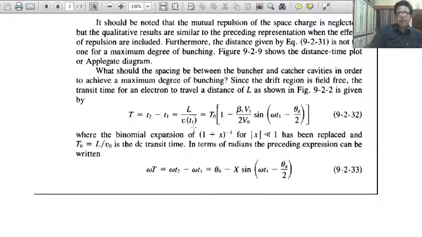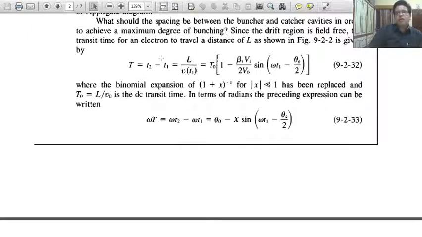Now we know, when we draw the diagram for the two cavity klystron and its bunching process, the time between T1 and T2. Which time? The transit time for an electron to travel a distance L in the drift region.